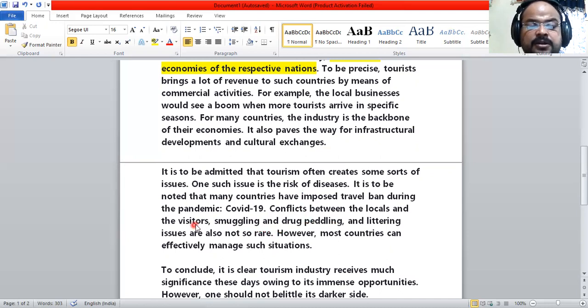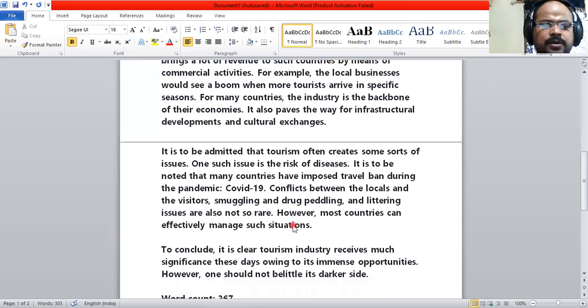Conflicts between the locals and visitors, smuggling and backpedaling, and littering issues are also not so right. Whatever these negative things are, most countries can effectively manage such situations. If it happens, most countries can manage it. It won't become worse.